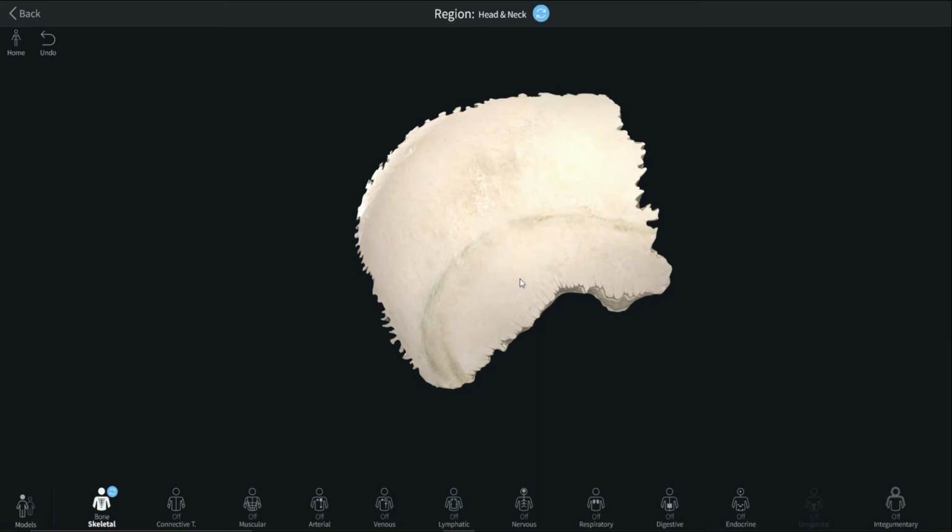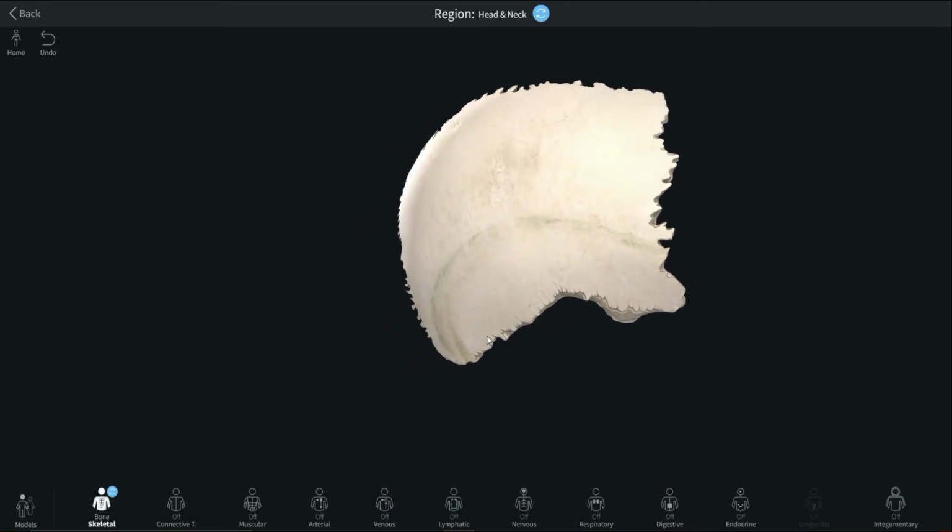But what we are looking for anatomically is a uniqueness. And the very first uniqueness that we find is notched here. This border is notched, see? So it is unique. That is why we have to remember that the inferior border of the parietal bone is notched.